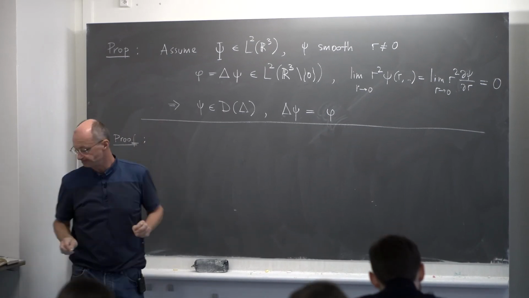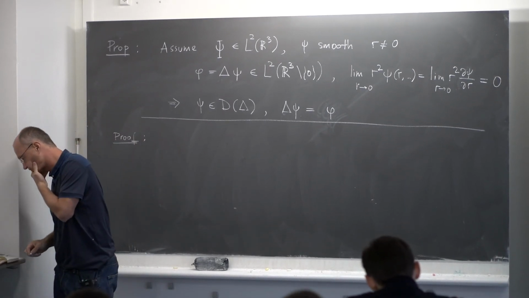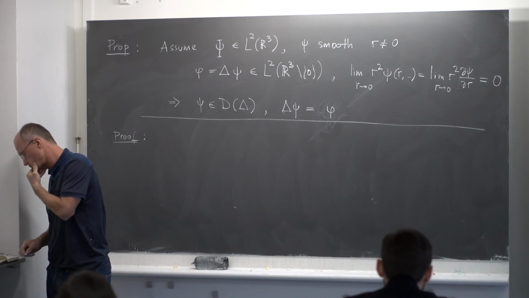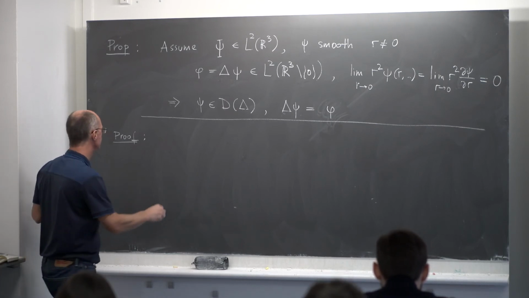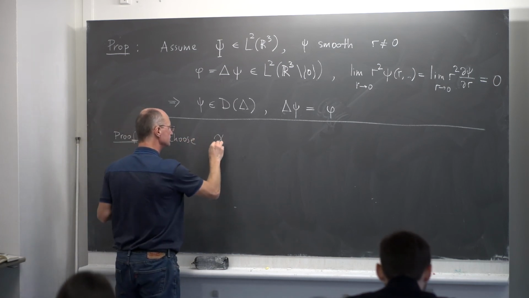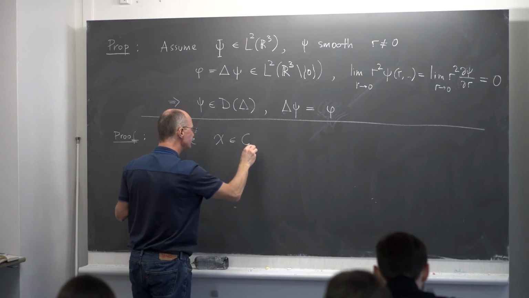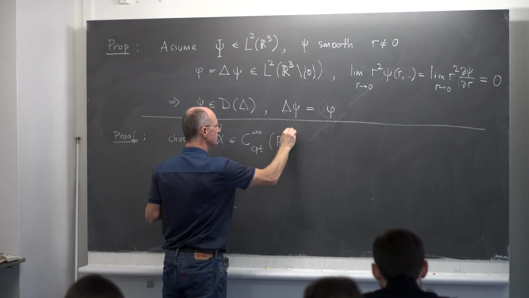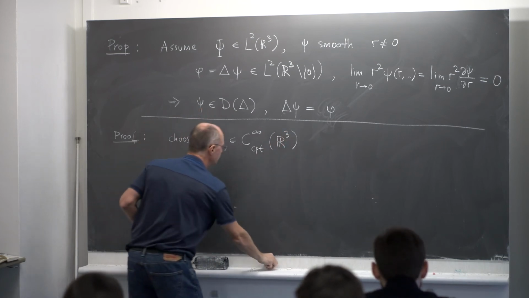Okay. So, proof. Let me choose some test function chi in C infinity of R3 with compact support.